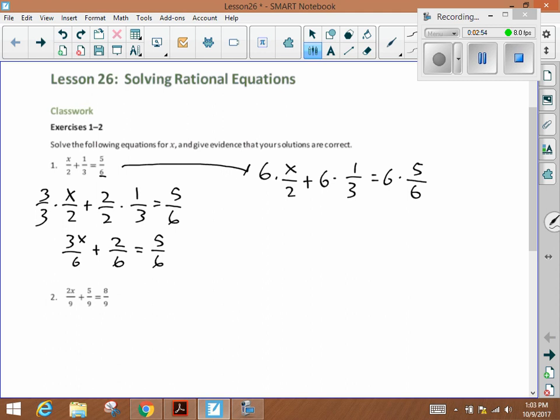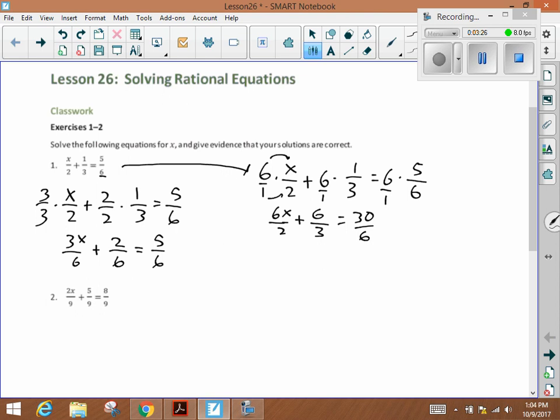So what happens here? I'm just going to take the extra step. I have 6x over 2. If I multiply that, it's like each of these is 6 over 1. So I multiply the 6 times the x, and I get 6x, and I multiply the 1 times 2, and I get 2. I'll do the same thing with this one: 6 times 1 is 6, and 1 times 3 is 3, equals 6 times 5 is 30 over 6.